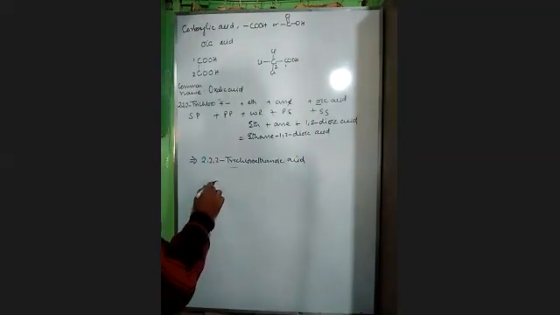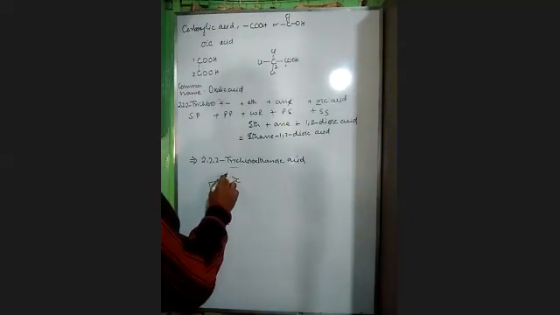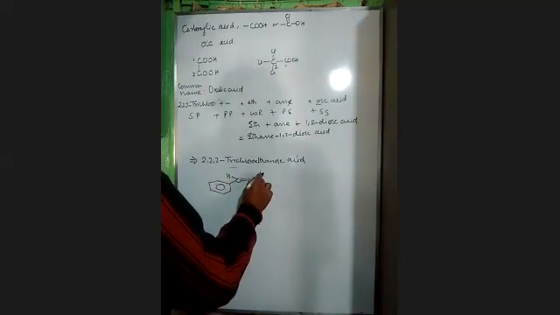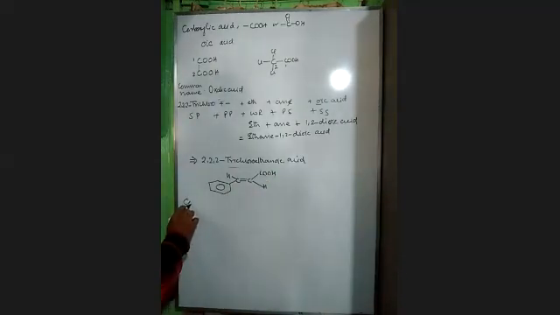Okay. Now you are going to name this compound. For phenyl, I can put a circle also. Okay, it's a common name. Some of the common names we should know.